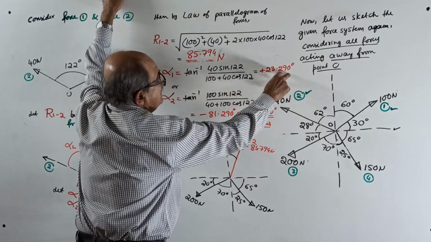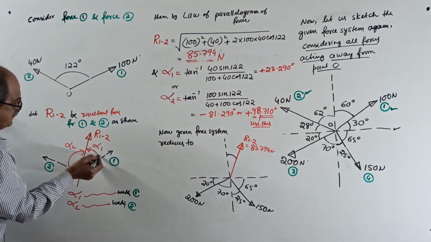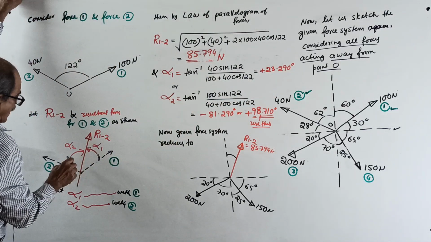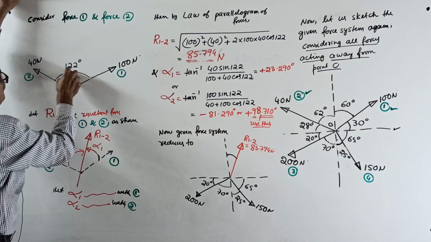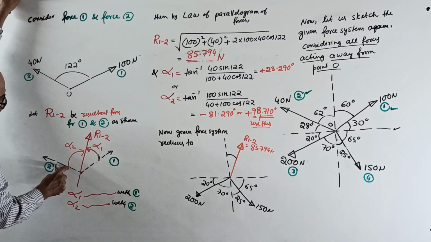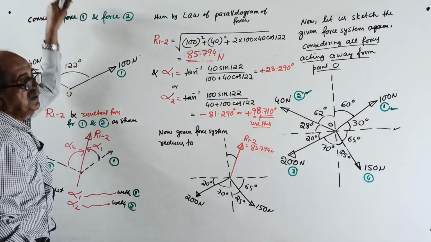You get a positive sign, so alpha 1 is 23.29. Total is 122. From 122 subtract 23.29, and you will get 98.71.